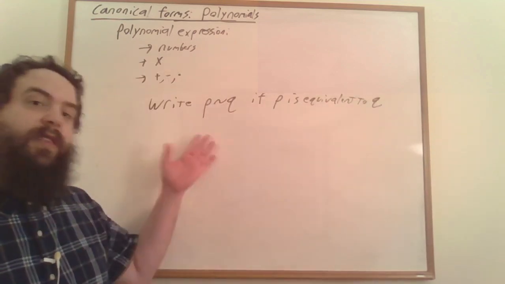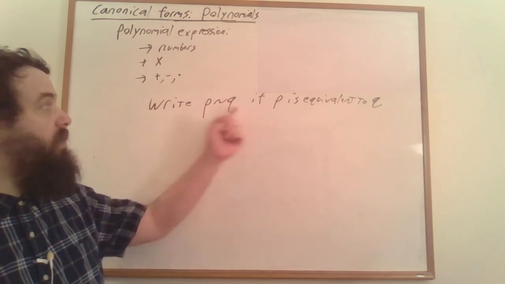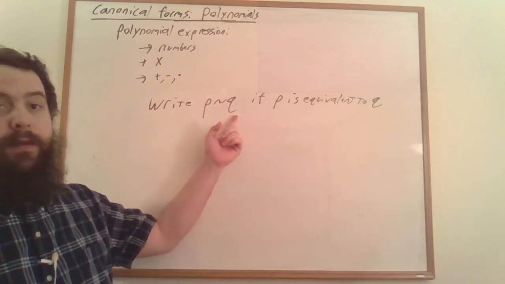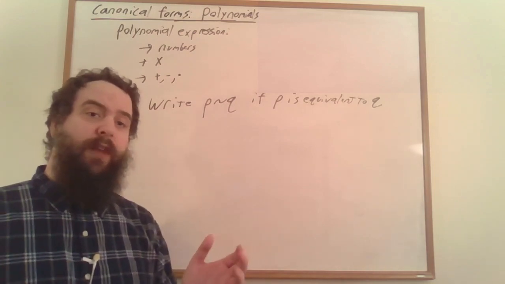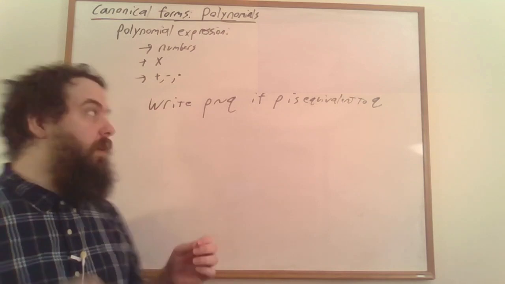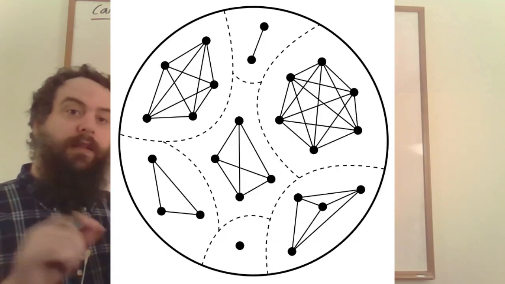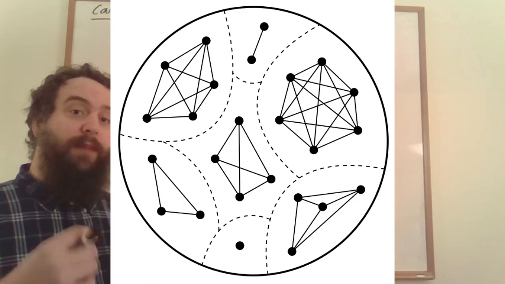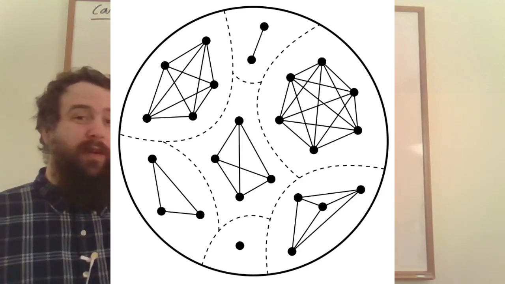We will use this notation here to indicate that one polynomial expression is equivalent to another polynomial expression. Our goal here is to take the set of all polynomial expressions and divide them up into a bunch of little groups based on whether or not they're equivalent to each other. So any two polynomials within the same group are going to be equivalent, and any two polynomials in different groups are not going to be equivalent.